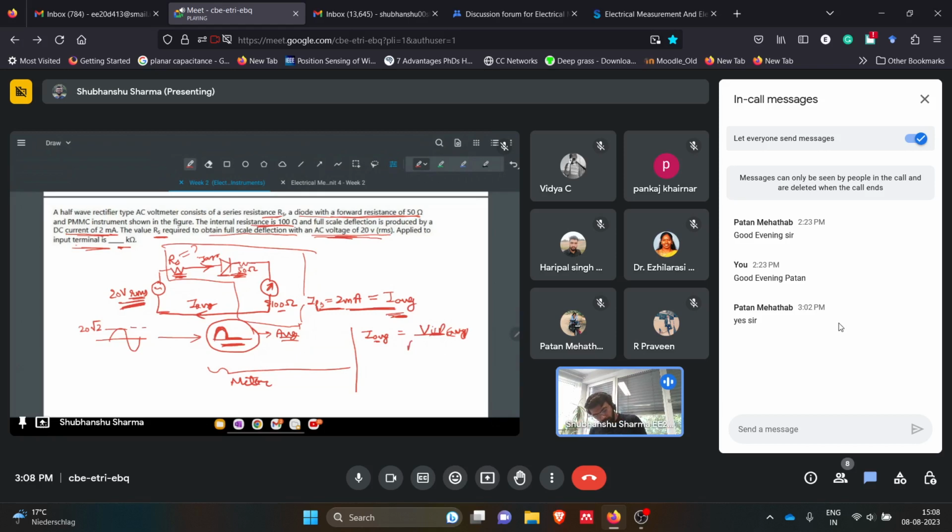So we will have RS, one multiplier resistance, plus the diode resistance, because when it is forward biased it has 50 ohm resistance. I'm writing that as RD, plus the coil resistance RC.